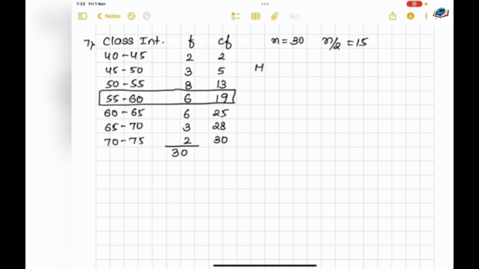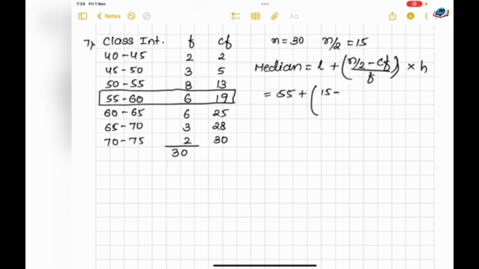Now I am putting median equals L plus (N by 2 minus CF) upon F into H. So L is 55, N by 2 is 15, CF is 13, and F is 6, into H is 5.